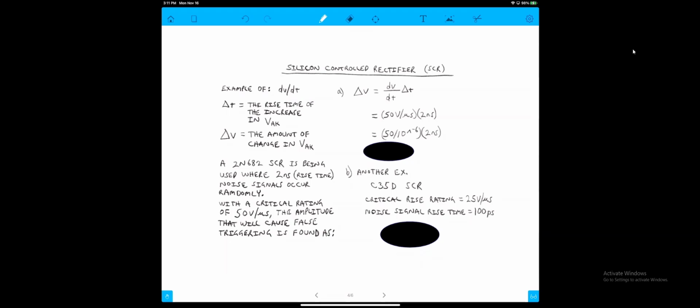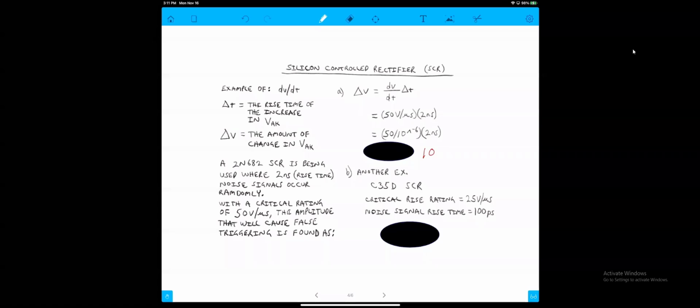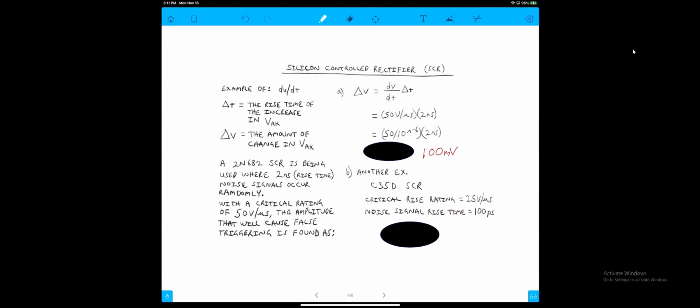Negative 9. That's what I thought. So I got 100 milli. Perfect. I was doing 200 nanoseconds, that's why I got 10. So 100 millivolts. The amplitude here is 100 millivolts that will cause false triggering.